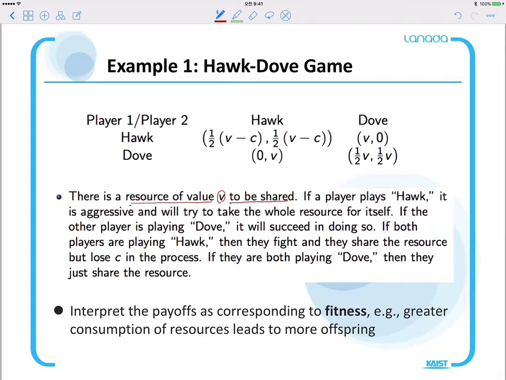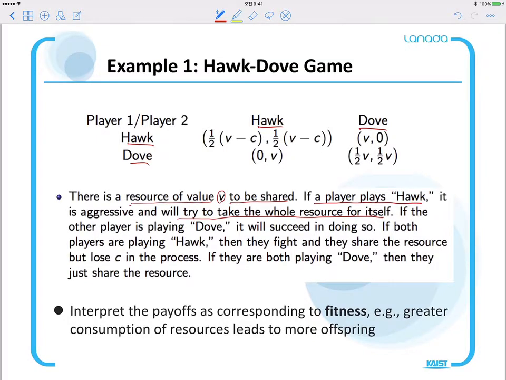We have two strategies: hawk and dove. Hawk is like an animal that is very aggressive, and dove is like an animal that is non-aggressive. So if a player plays hawk, it is aggressive and will try to take the whole resource for itself.